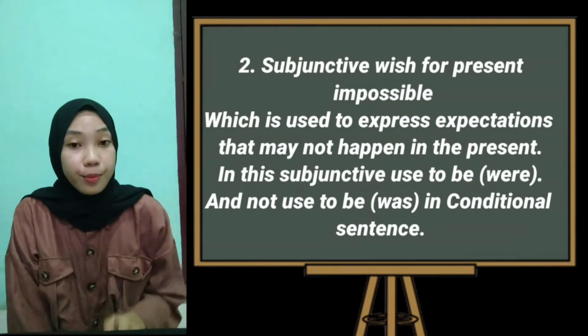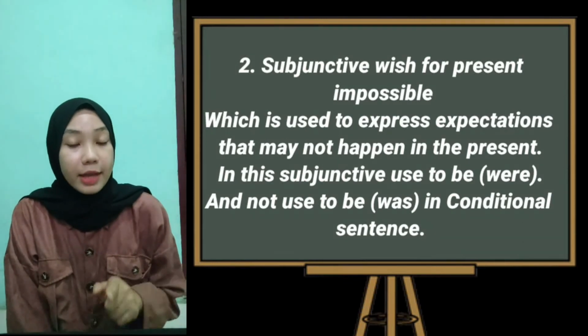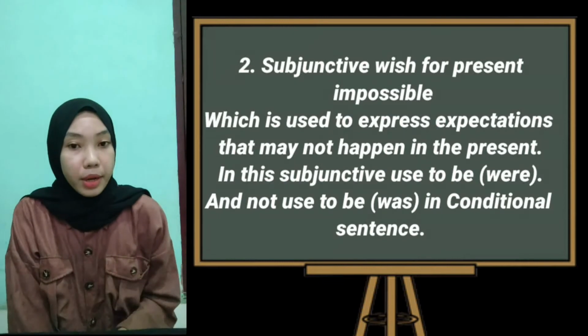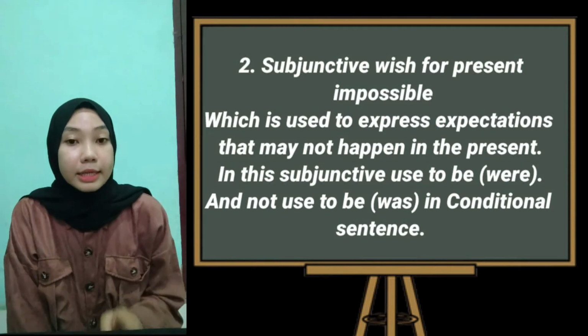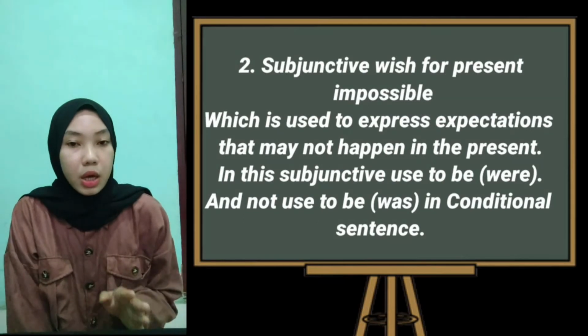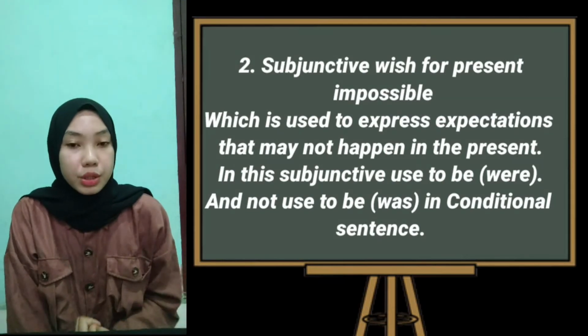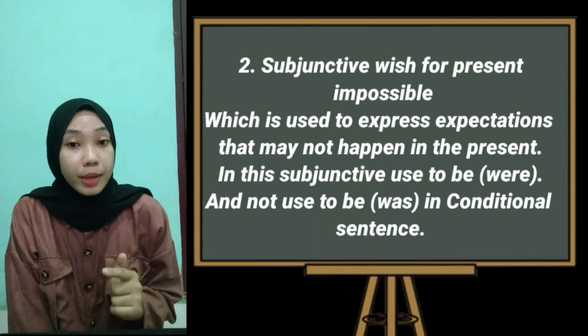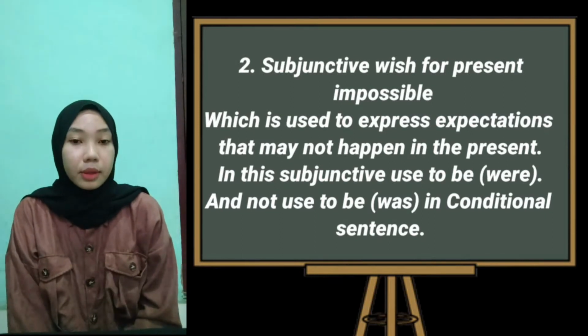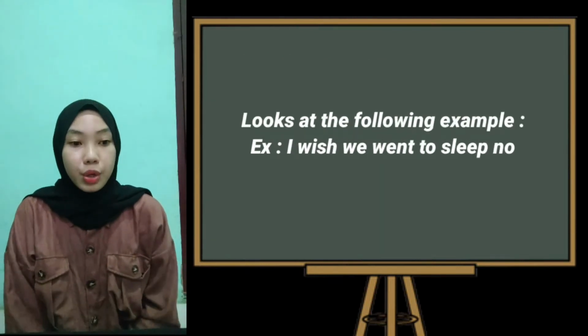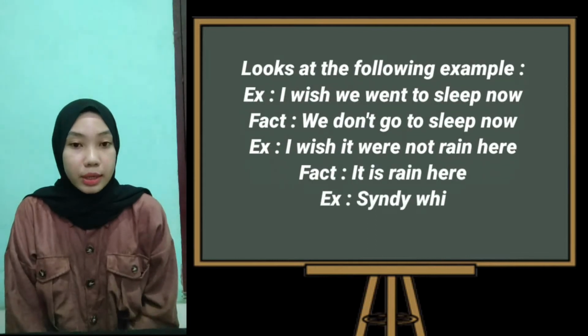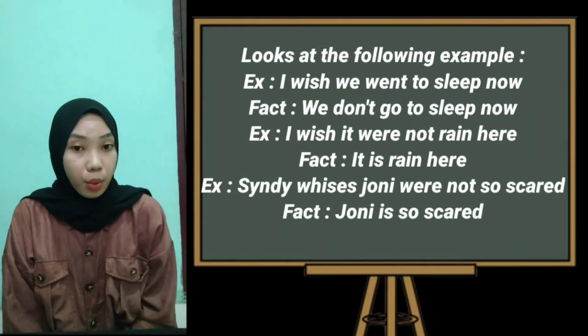The use of to be in this subjunctive is "were." Remember, in this conditional sentence we do not use "was." Okay, let's look at the example below.